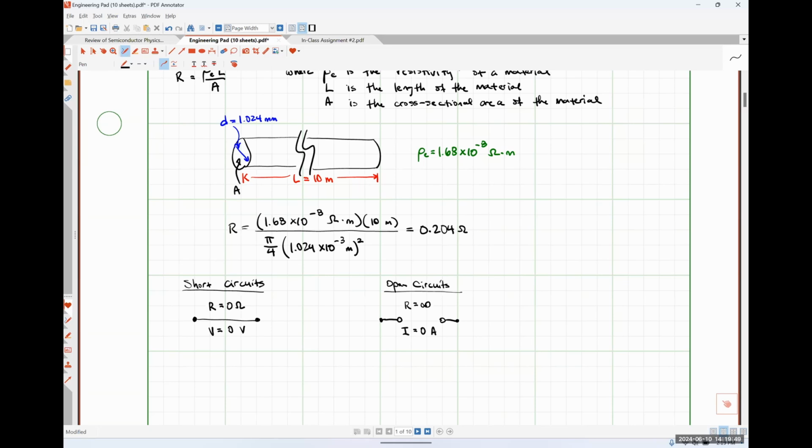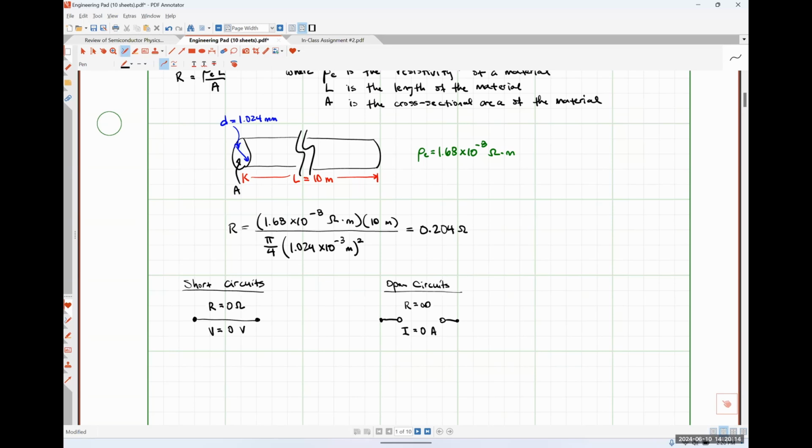So if we are able to establish a large enough electric field, again, not really important for the intents and purposes of this class, just explaining what's going on. But if we were able to establish a large enough electric field, we can cause current to flow through effectively nothing at all. That's exactly how lightning strikes and all of that kind of stuff conduct electricity from the sky down to the earth.